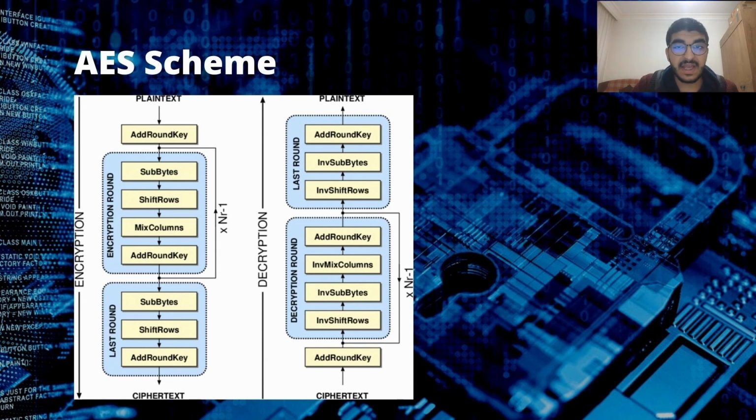We are using add round key instead of inverse add round key because the XOR operations are equal to their inverse. In the very last round, we are using inverse shift rows, inverse substitution bytes, and add round key. And we don't have inverse mix columns in here, as we don't have it in the encryption part.